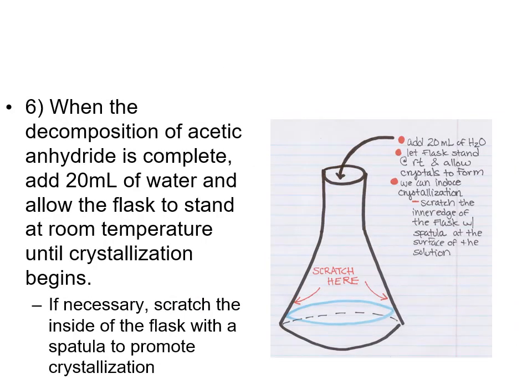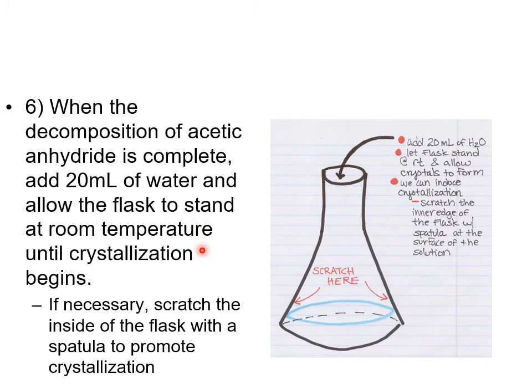So once your anhydride has been neutralized, you will have to add more water, right? So add 20 milliliters of water and let the flask stand at room temperature until crystals begin forming. Now this is a tricky step. Crystallization can be tricky. It sometimes doesn't happen.